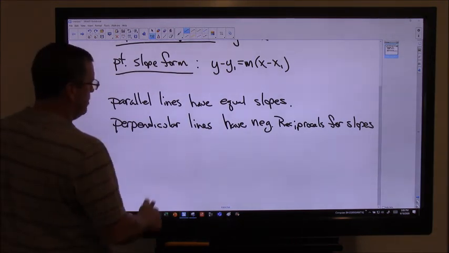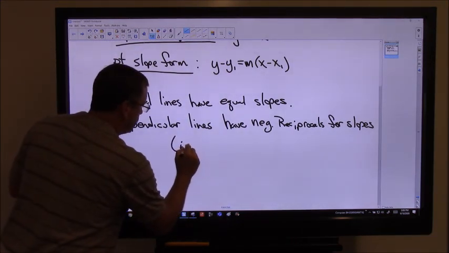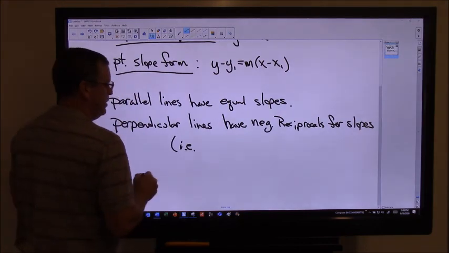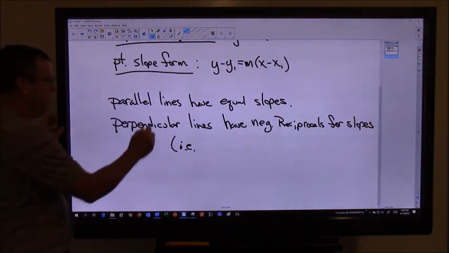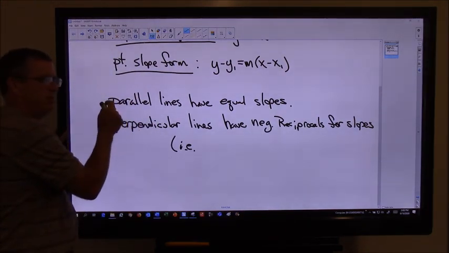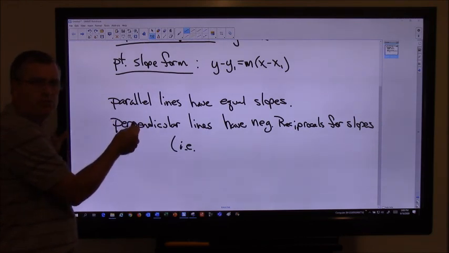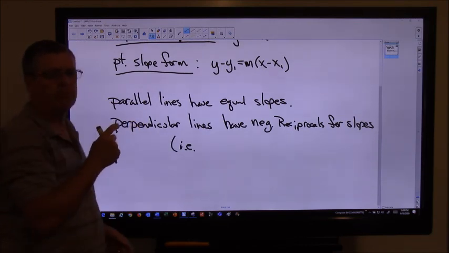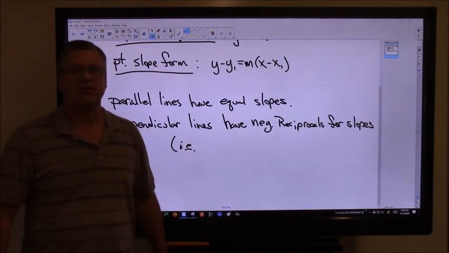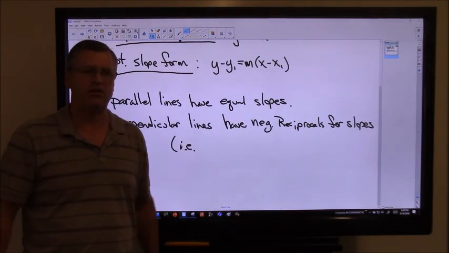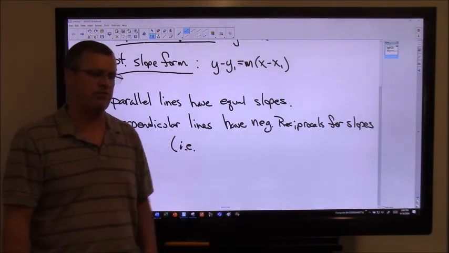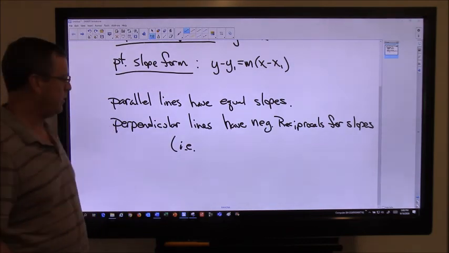So, you know, we'll just do a quick example of this because I think a lot of people somehow remember perpendicular lines have opposite slopes. And the word opposite means positive and negative. You know, the opposite of 4 is a negative 4. The opposite of negative 5 is a positive 5. That doesn't make slopes perpendicular.